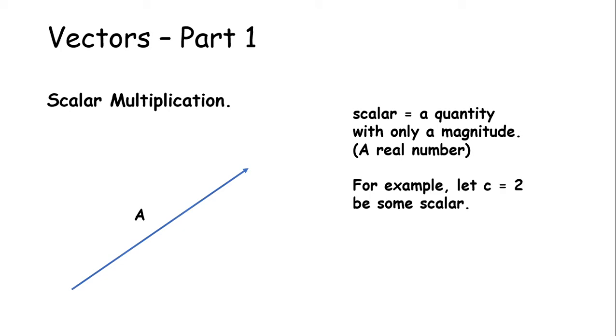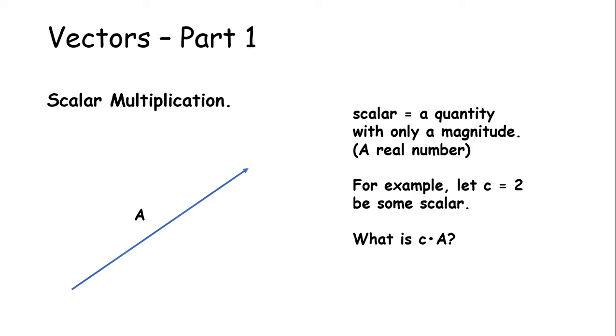So, to be precise, let's say that we have a certain scalar, we call it c, and the scalar has the value 2. What is the effect of doing c times A? In this case, of doing 2 times A. Let's address this graphically. If we think of A as a displacement, that means that we start at the tail of A and we move along A until we get to the tip.